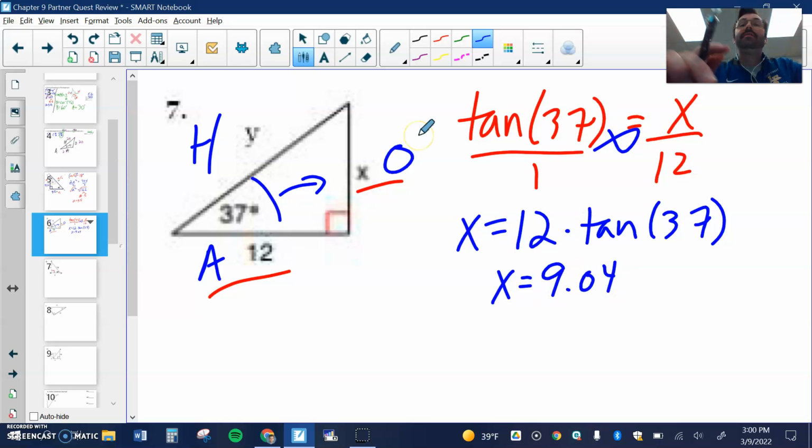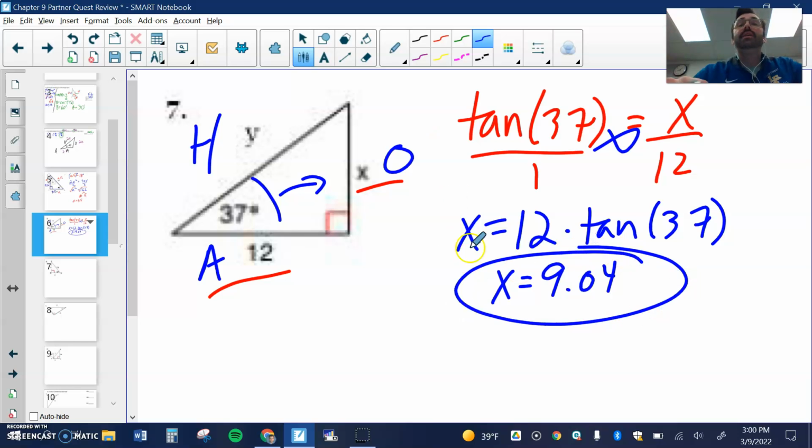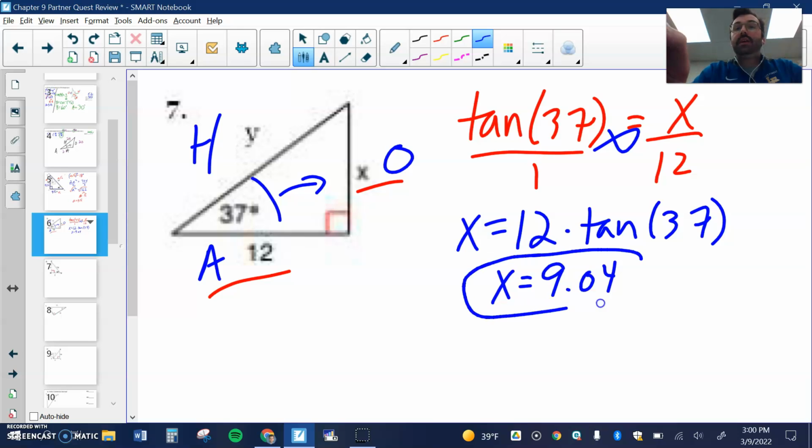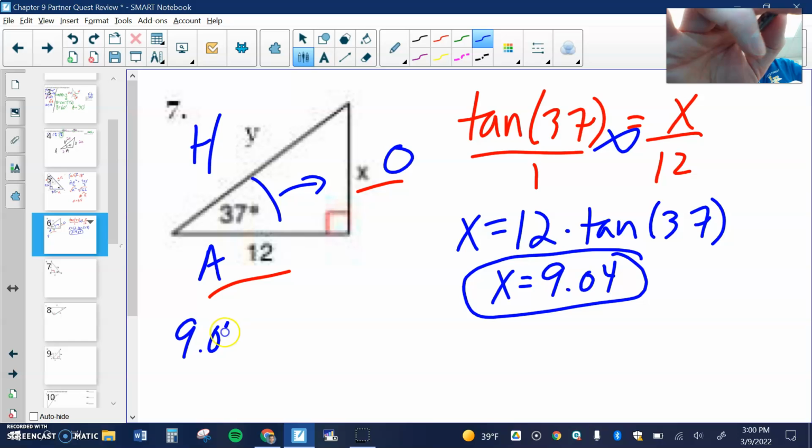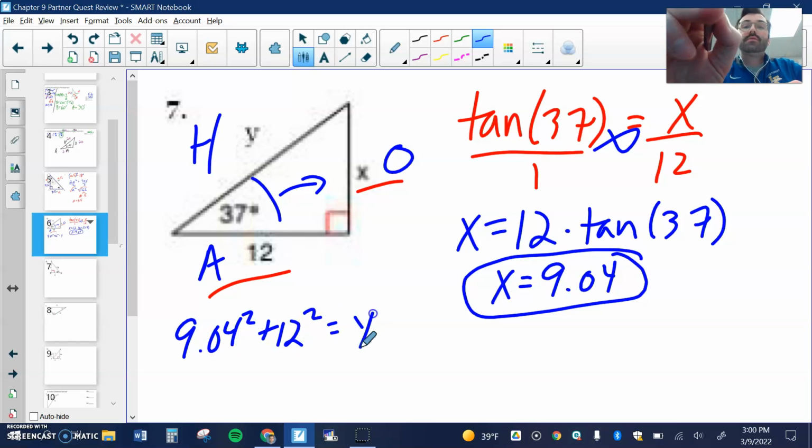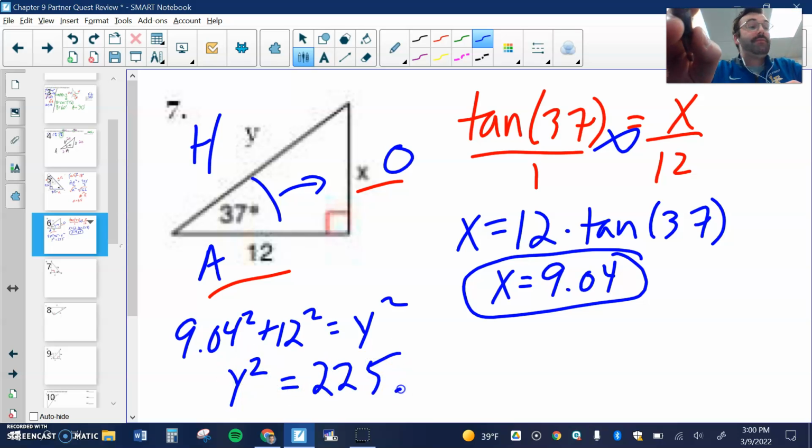Now to find y, I can do two things. I could do the Pythagorean theorem, or I could use trig again. I'm going to do the Pythagorean theorem. I'm going to go 9.04 squared plus 12 squared equals y squared. 9.04 squared plus 12 squared is 225.7216.